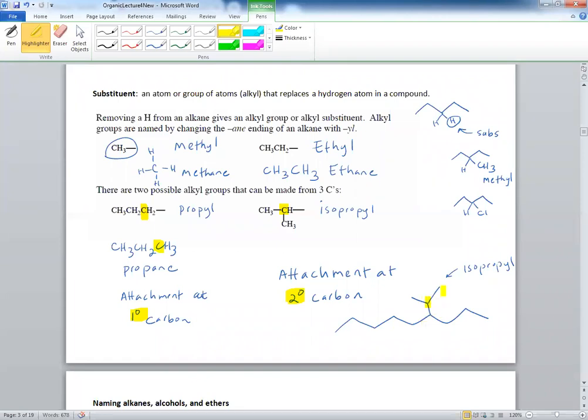You should be able to see the hydrogens. Of course, they're implied, they're not shown. As far as if you have the propane and it looks like this, then that would be 3 different groups. So it would look like this. And I'm going to show you the attachment right here. So this would be the propyl.